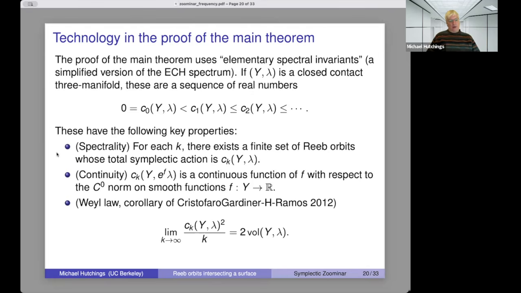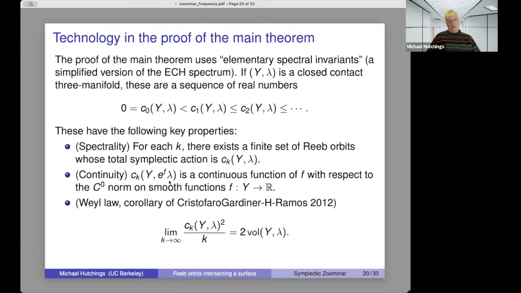So there's a spectrality property, which says that each of these numbers c_k is the total action of some finite set of Reeb orbits, depending on k. So these numbers are detecting periods or total periods of certain special finite sets of Reeb orbits. Second, we're going to have to talk about changing the contact form.